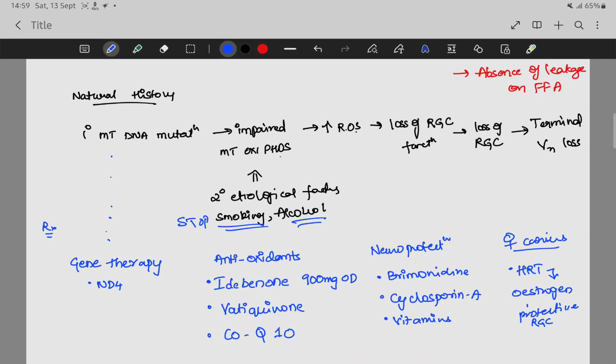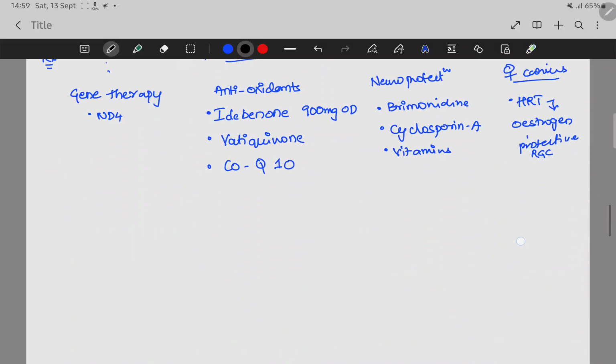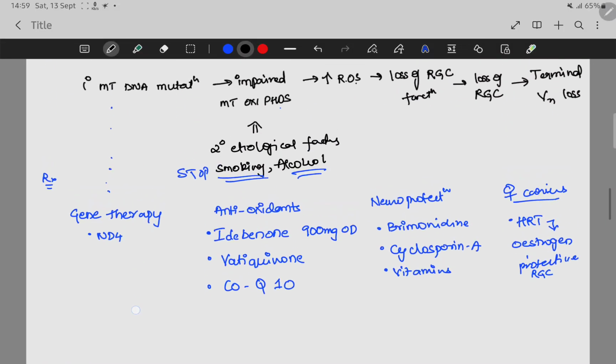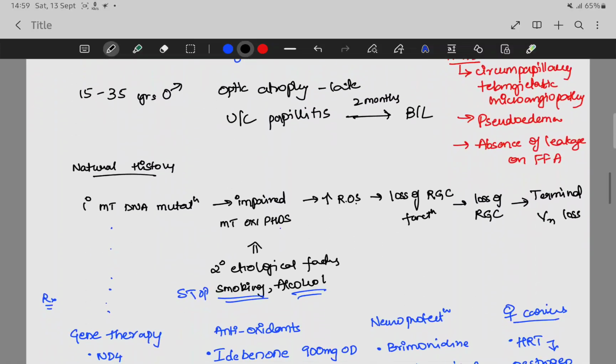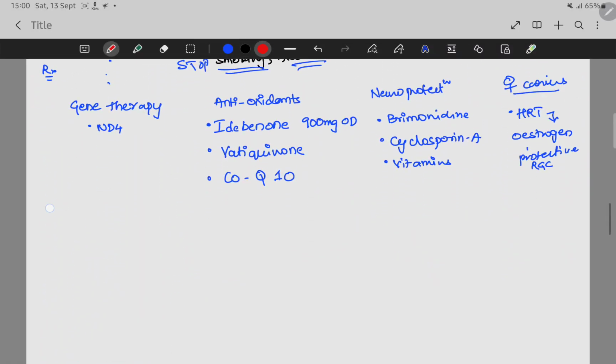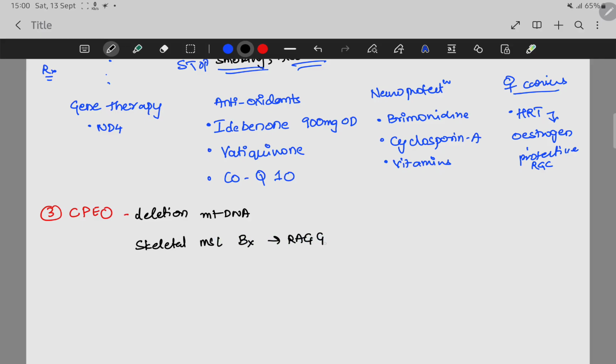We have CPEO, chronic progressive external ophthalmoplegia. There is deletion of mitochondrial DNA. On skeletal muscle biopsy, we can find ragged red fibers.